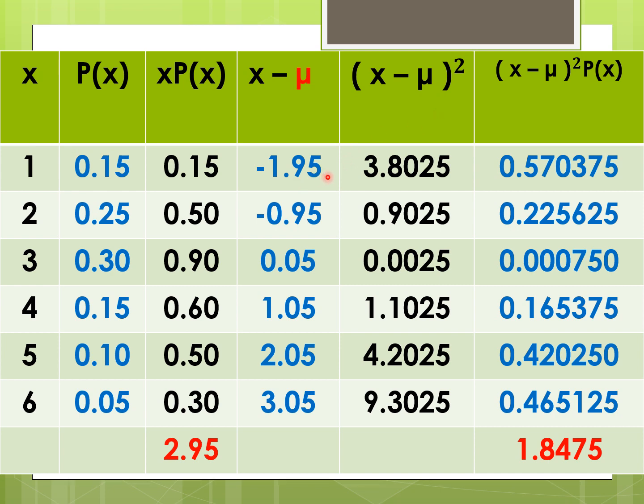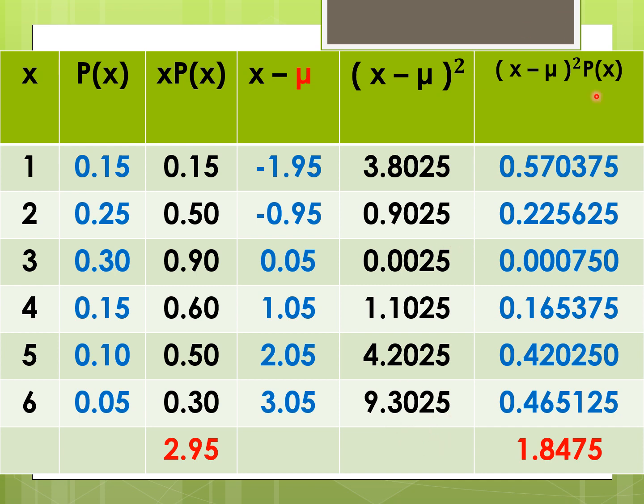So, negative 1.95 square will get 3.8025. Kung ano yung value na nakuha, yun ang ilagay mismo to be more accurate. So, we have negative 0.95 square will get 0.9025. Since we are squaring the difference in the fourth column, definitely, ang lahat ng sagot dito will be positive. So, squaring a negative number will give us a positive result always.